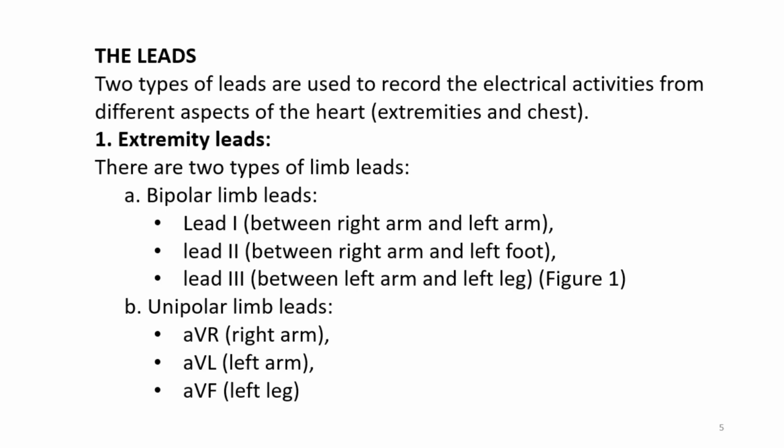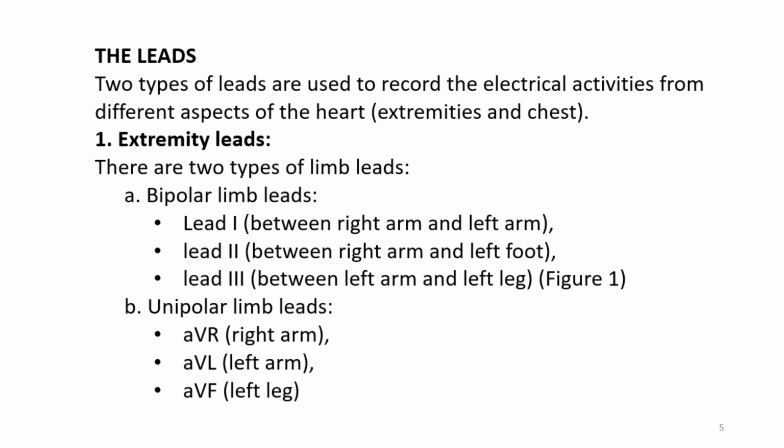In electrocardiography, we make recordings and there are leads connected to the body. Two types of leads are used to record the electrical activities from different aspects of the heart: extremities and chest. First, extremity leads. There are two types of limb leads.